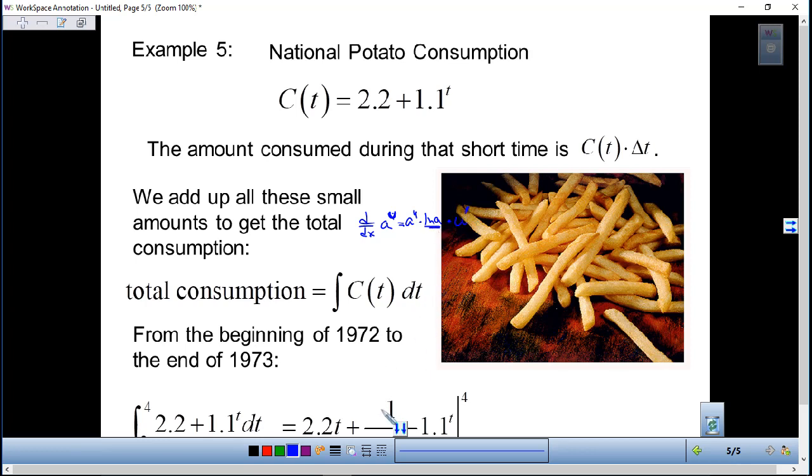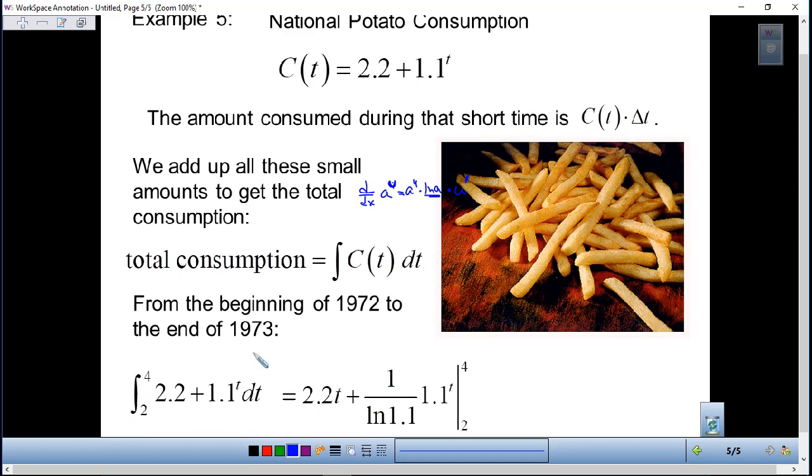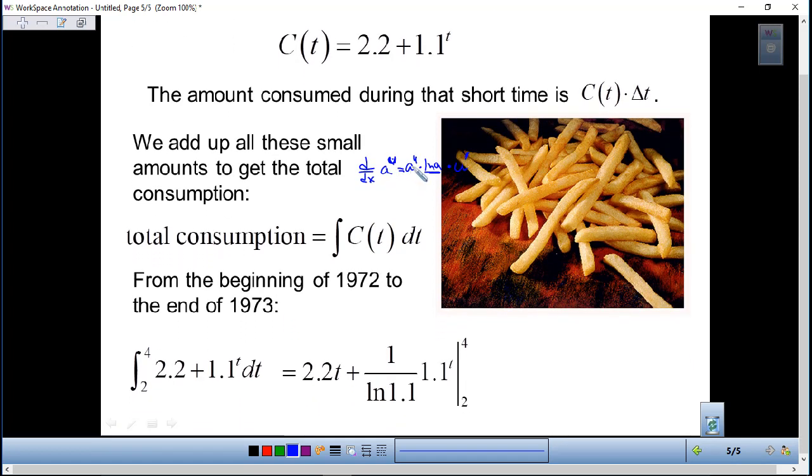Well, in this case, our a is 1.1. That works for every exponential. Except here we're integrating, so we're going to go backwards. Now, t has a derivative of 1, so we could essentially say that this is x, and that would be a to the x, and this u prime would be 1. So instead of taking the derivative, we're taking the integral, and the natural log of 1.1 is just a constant, so we divide by it instead of multiplying by it. That's where that comes from.